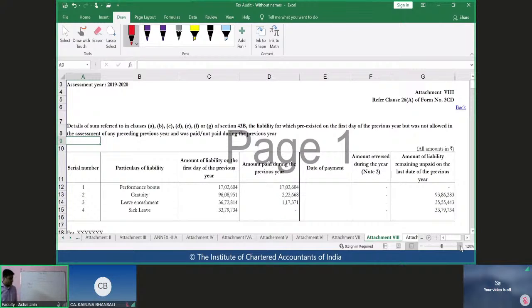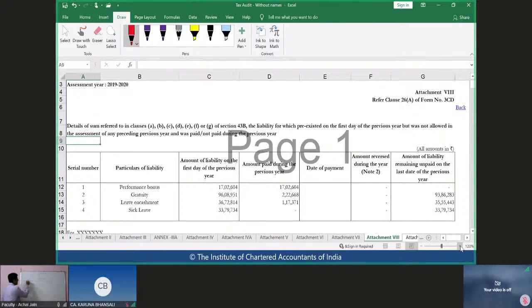Please wait for some time because I need to look at this clause time and again to put down all of these facts. The liability which pre-existed on the first day of the previous year. First day of the previous year is 1st April 19, but was not allowed in the assessment of any preceding previous year.